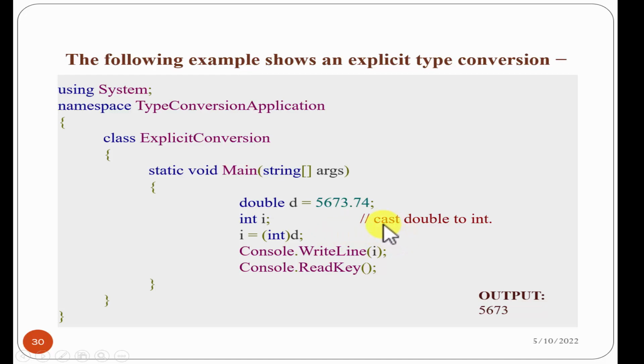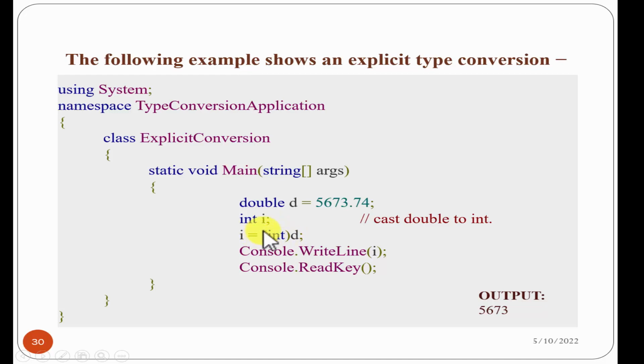We need a cast operator, double to int. First we will assign the value from D to I, but we will convert it to the integer type. How can we convert? We convert by using a cast operator. This process is called casting. This is a cast operator.